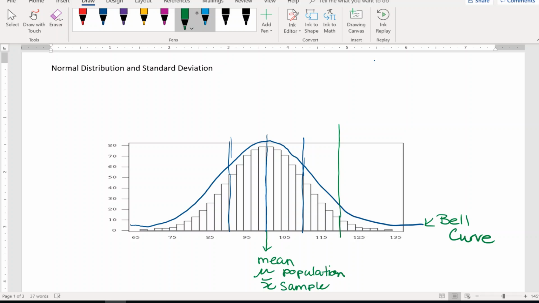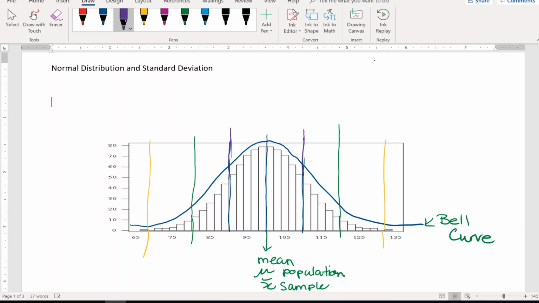And again, the same on this side. We'll do another line here. And let's do one more out here. There we go.